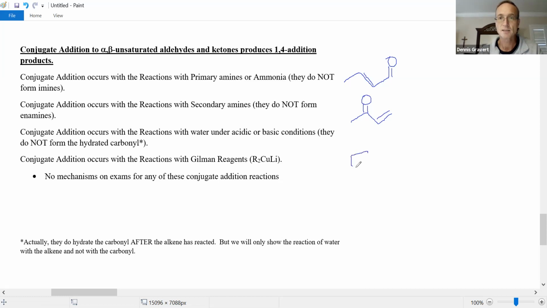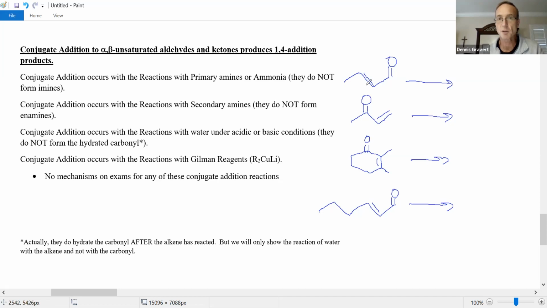We had this one. And I got 4, right? So 1, 2, 3, and 4. Okay. 4 types of reactions that are going to do conjugate addition. 2 of them are very similar.